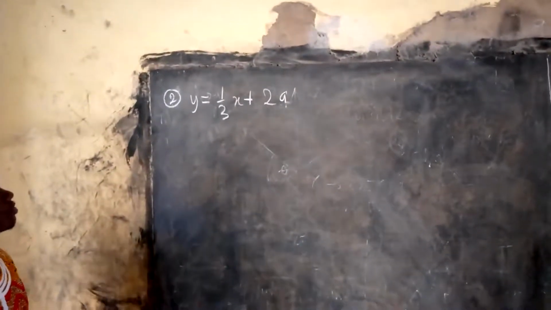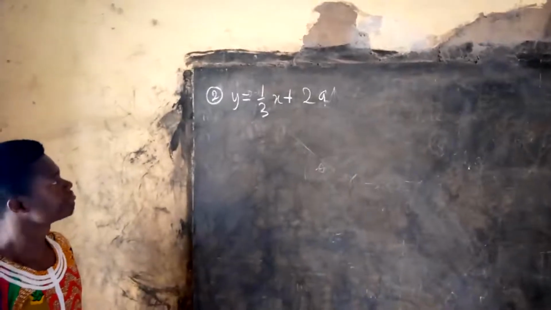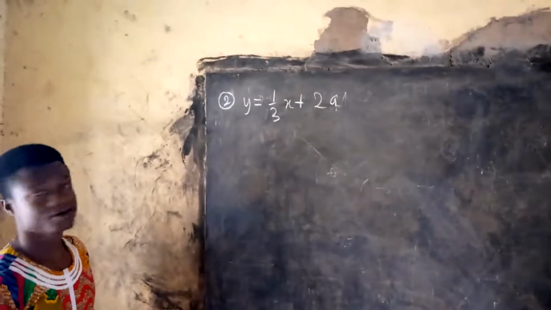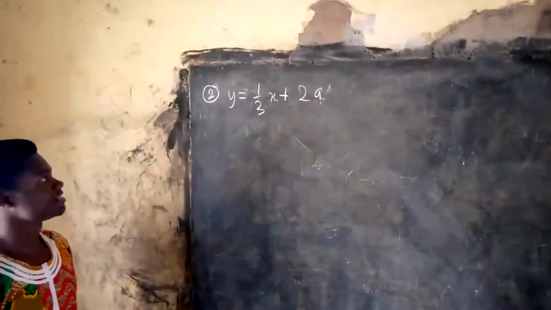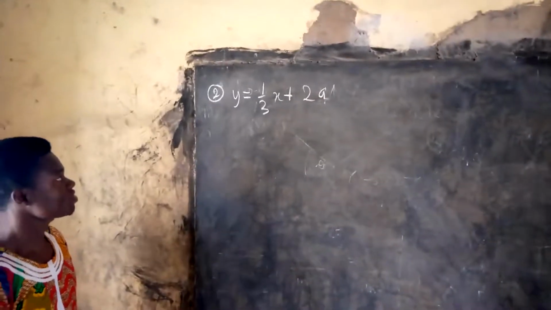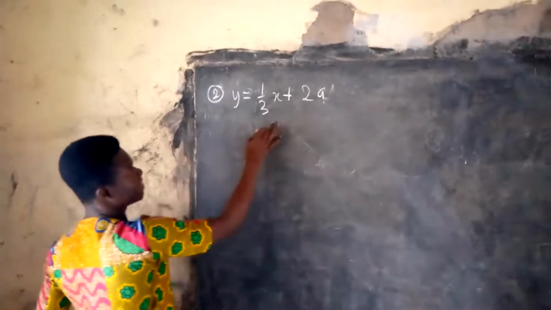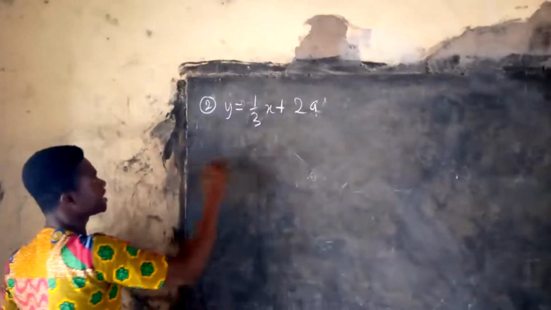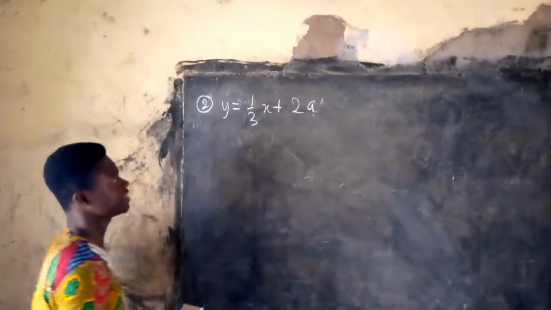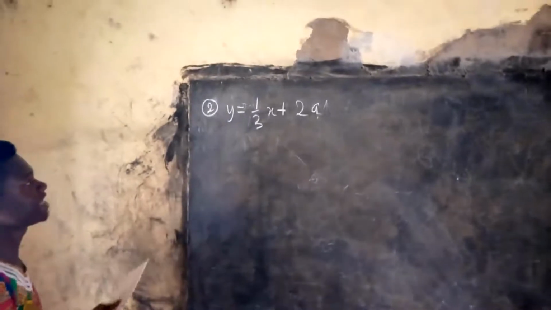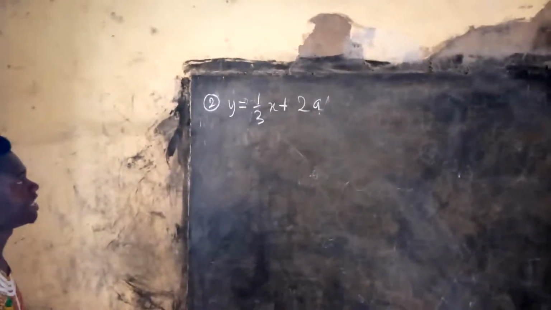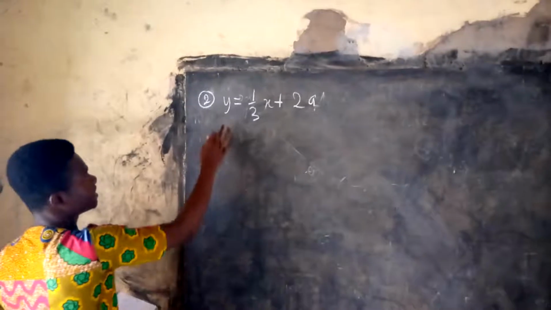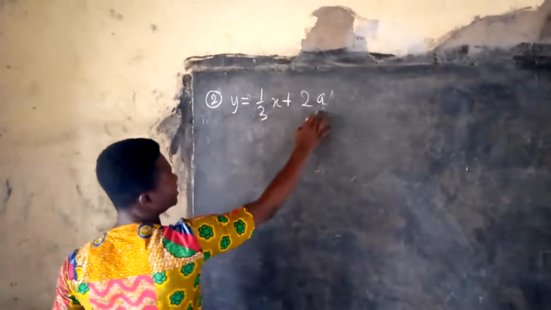Okay, this is also a relation involving a rational function. So here our LCM will be 3 because we consider the denominators of the expression and then we find the LCM of the denominators. So here the denominator here is 1, the denominator here also is 1.